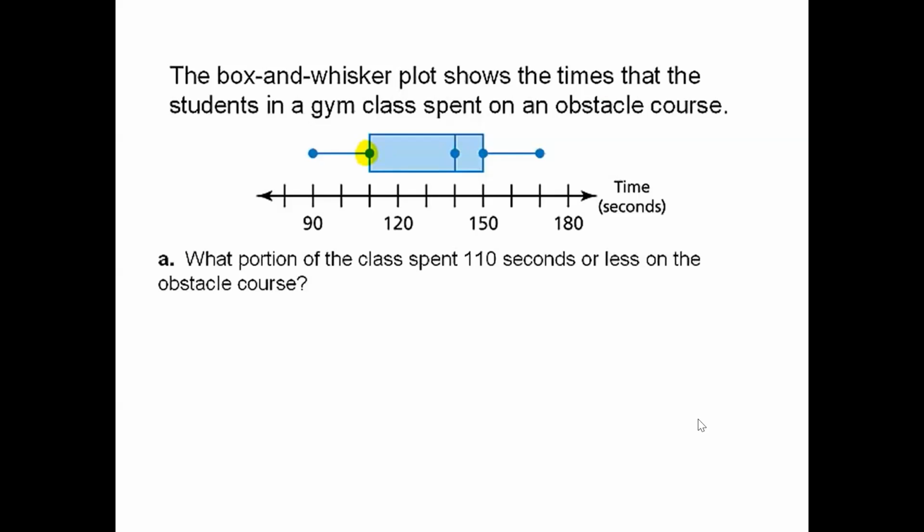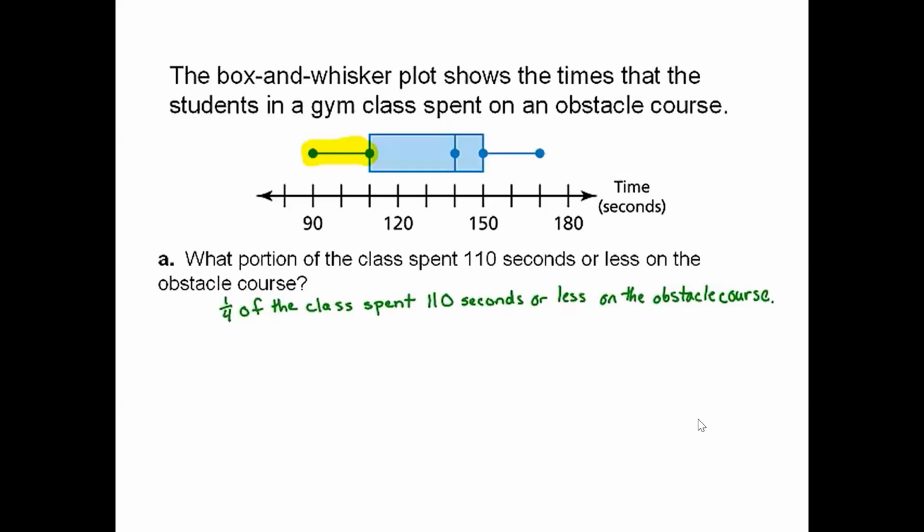Now we need to look at the portion that represents 110 seconds or less, which is this portion. As you can see, the left whisker represents 110 seconds or less. Remember that 1/4 of the data is in each whisker. This means that 1/4 of the class spent 110 seconds or less on the obstacle course.